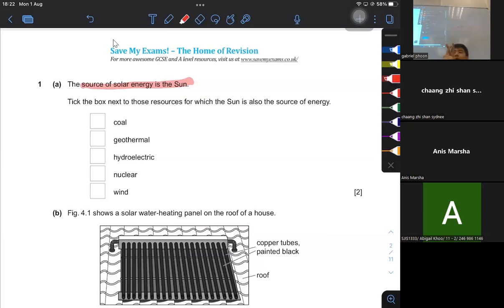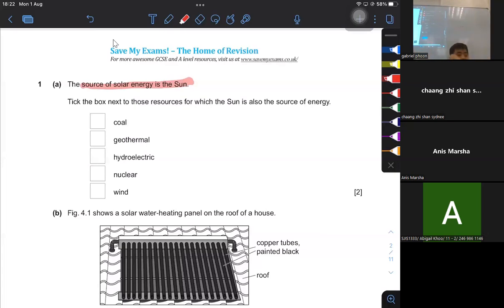What's the second one? Wind. Wind is deriving energy from the sun through convection as well. My question is which energies are not from the sun? It's two different things.